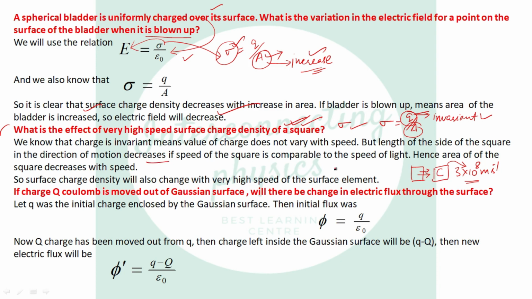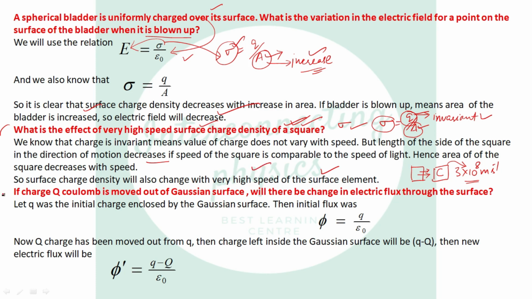It means the area will also decrease, and if the area decreases, the surface charge density will increase. It means surface charge density will also change with the very high speed of the surface element.